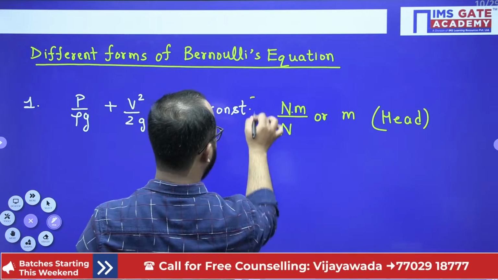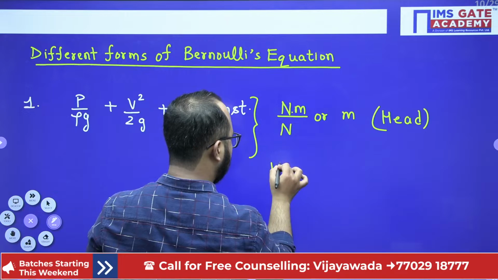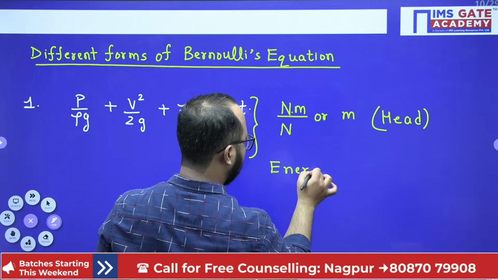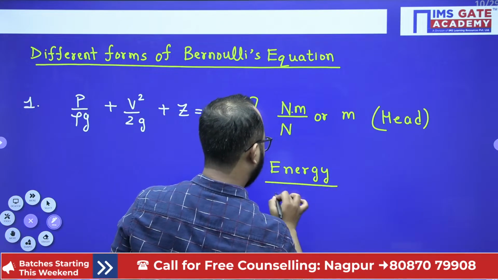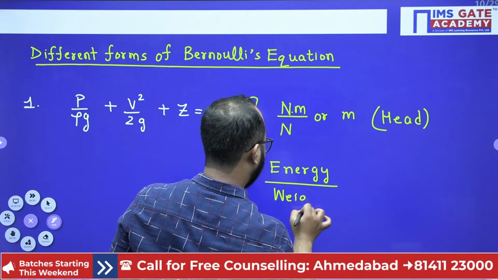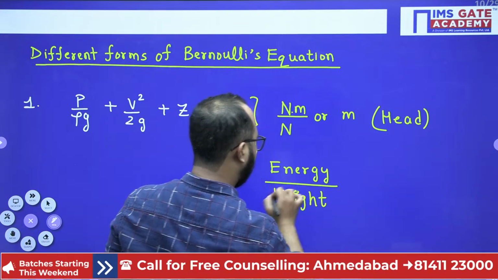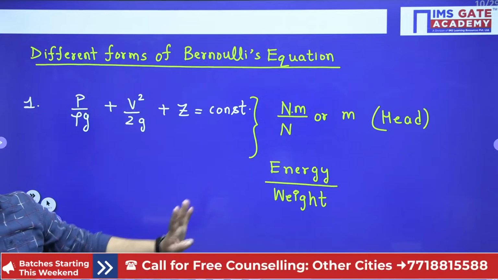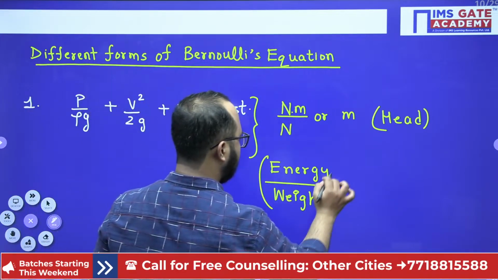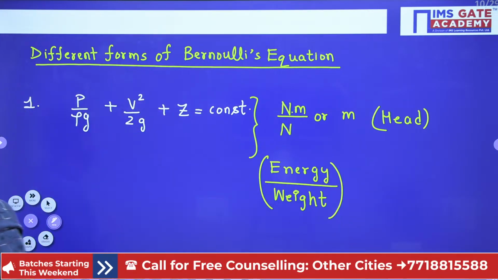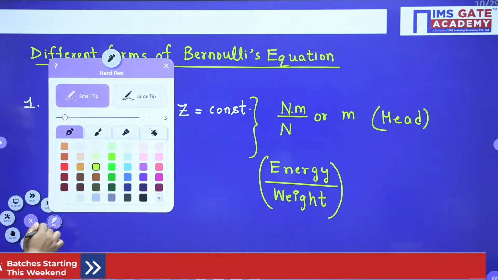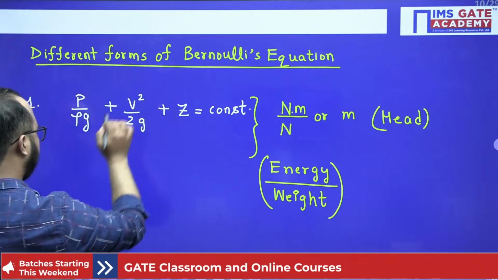So you can understand their unit, energy per unit weight. This form you should remember, everyone. This is the first format of Bernoulli's equation, correct?